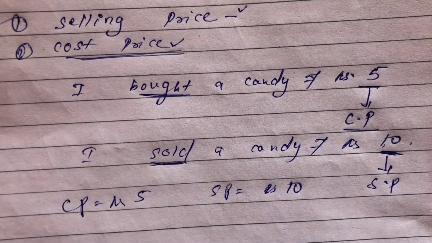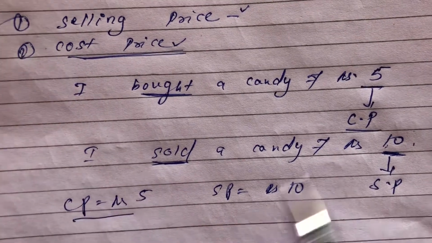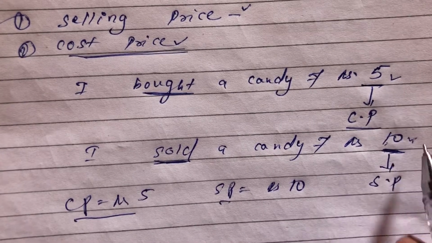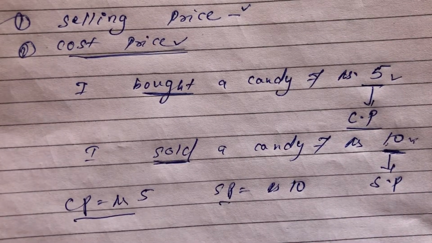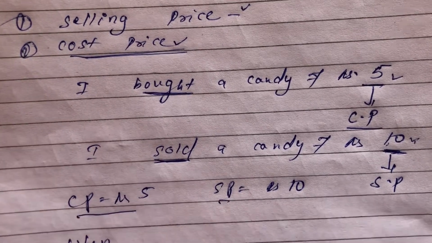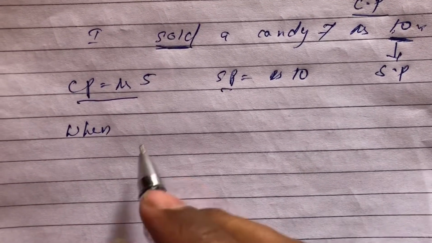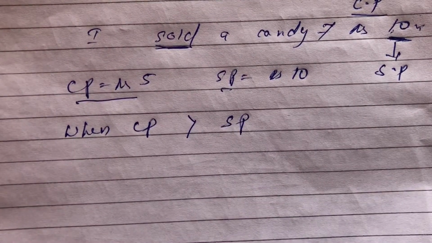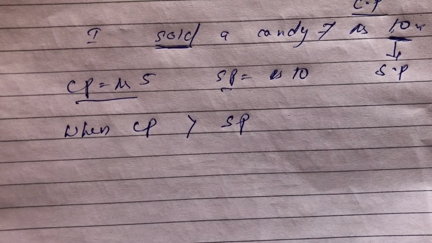How will you calculate? Suppose we bought a candy for rupees 5, and I sold that particular candy at rupees 10. How can you determine whether it is a case of profit or loss? When CP is greater than SP, remember, cost price is the price in which you bought an article or a candy.